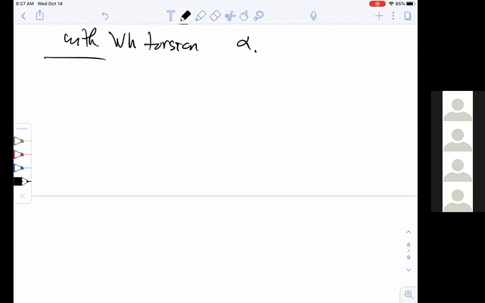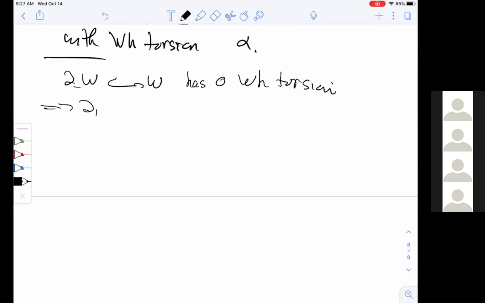Another aside, you might ask, what happens if I turn an s-cobordism over? Clearly, it's a product one way if and only if it's a product the other way. So that says if the inclusion of boundary minus into W has 0 Whitehead torsion, by flipping it over, we see that implies that boundary plus into W has 0 Whitehead torsion.